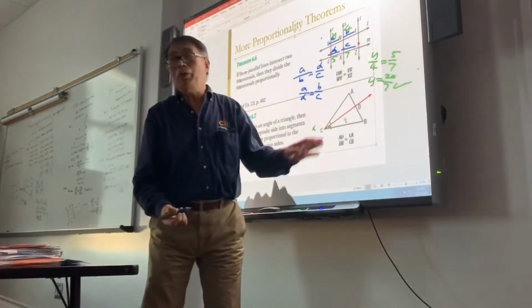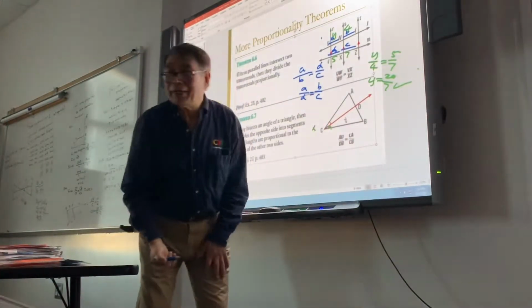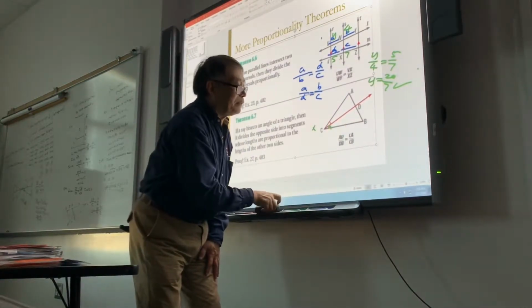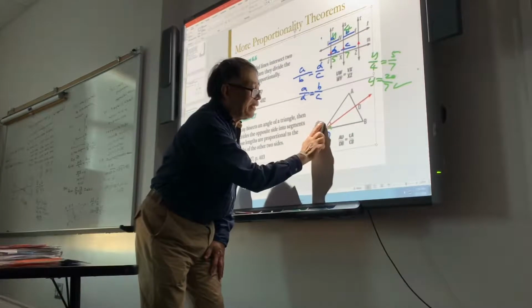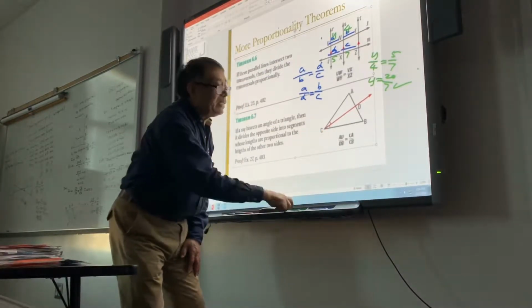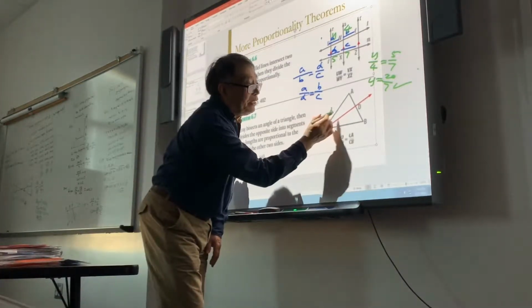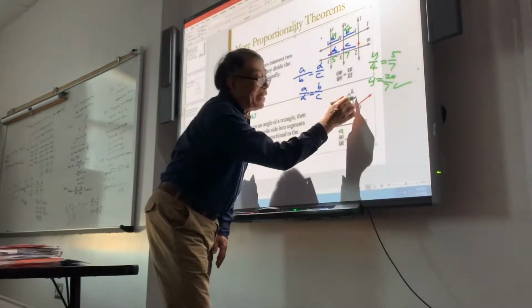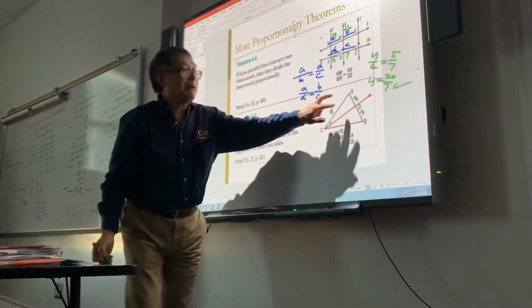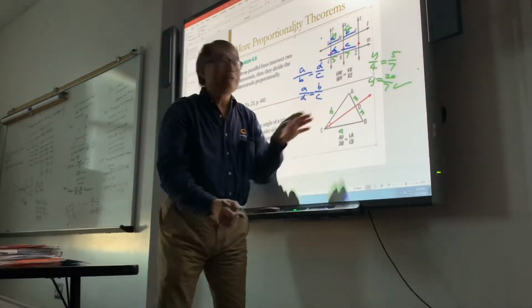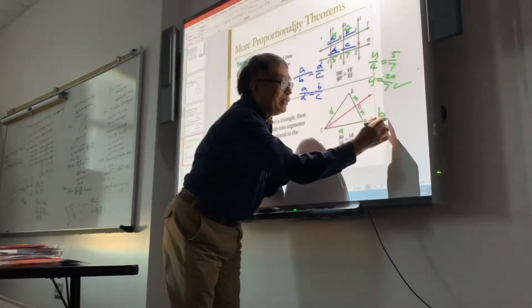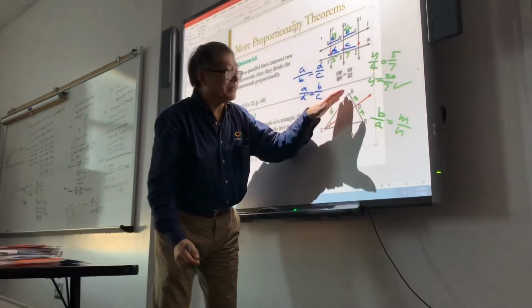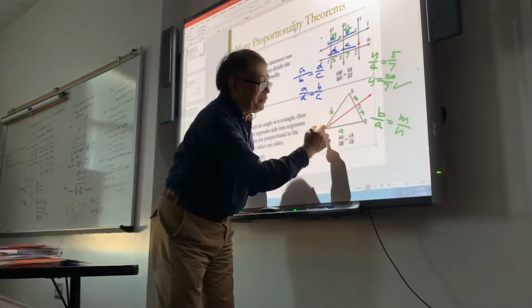It's easy work. ABC triangle. This is the angle bisector for angle C. If this opposite side is B, this opposite is A, this opposite is C, but divided into M and N. We have a formula: B over A equals M over N. This side over this side equals this side over this side.